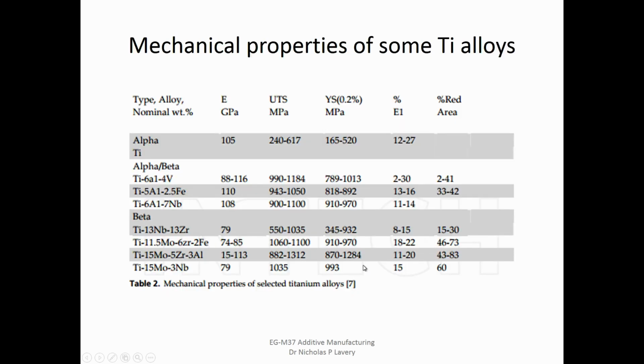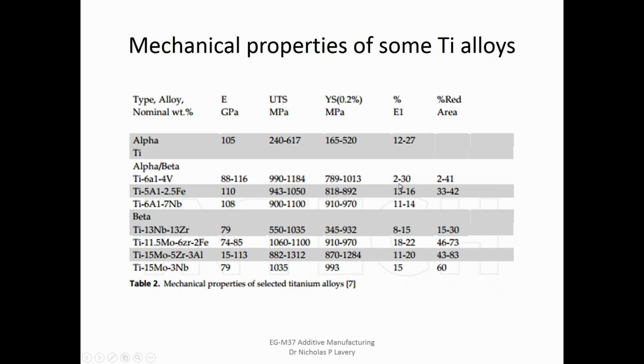There's various titanium alloys. The one that you guys have worked with here is the Ti64, an alpha-beta titanium alloy, and you can see here quite high yield and UTS, relatively low elongation.